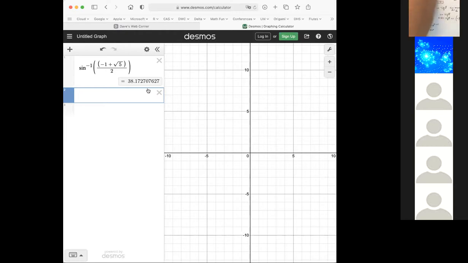So what's 180 minus that number? You can do that yourself as well, but 141.8, if you want to do a safety check. These are approximations, so I tell you that they're approximations. But that's two answers.